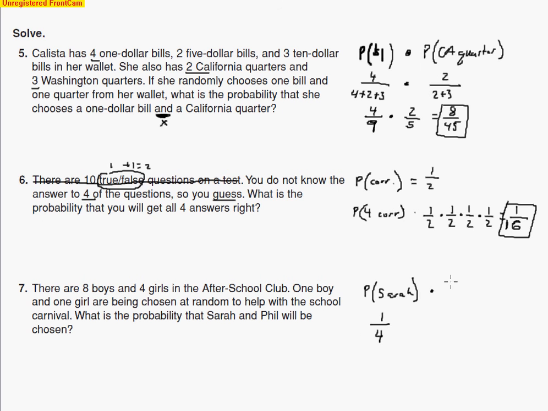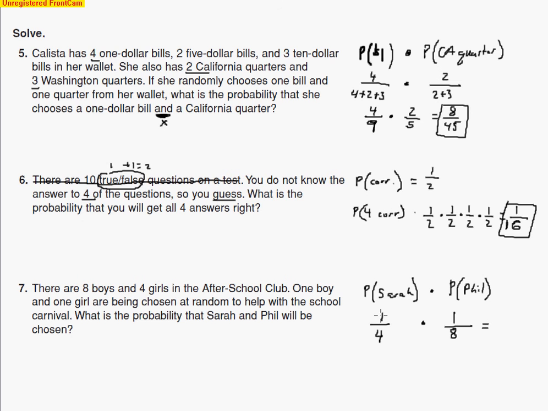Now the probability of selecting Phil, we're going to multiply them because we've got that idea of the fundamental counting theorem and how many different choices we have. So we're going to multiply the different events. And so to pick Phil, he is 1 boy out of 8 total boys. And then we just multiply these numbers together.